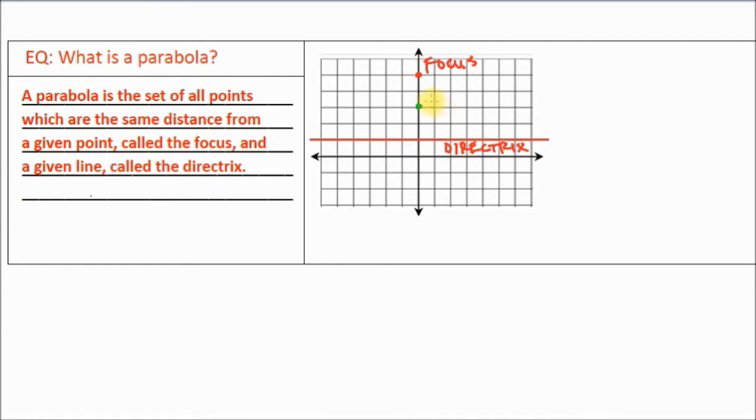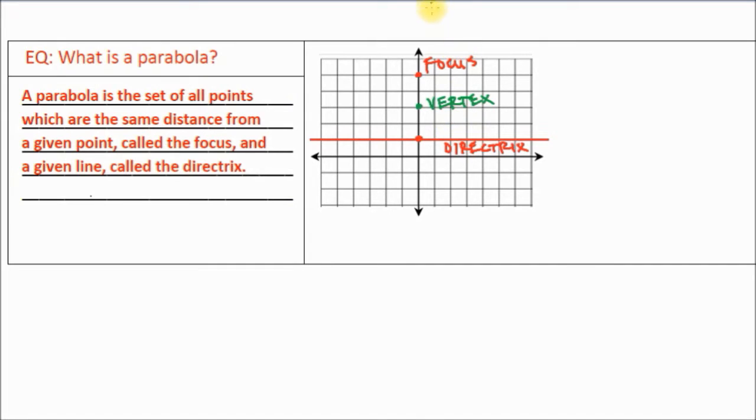And that happens to be where our vertex is always going to be for our parabola. So whenever you have a focus and directrix, the vertex will always be the exact middle between those two things. And let's put a point right here just to show you that it's between these 2 points.